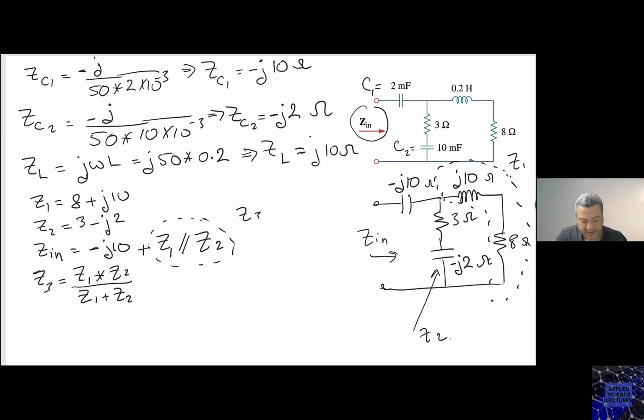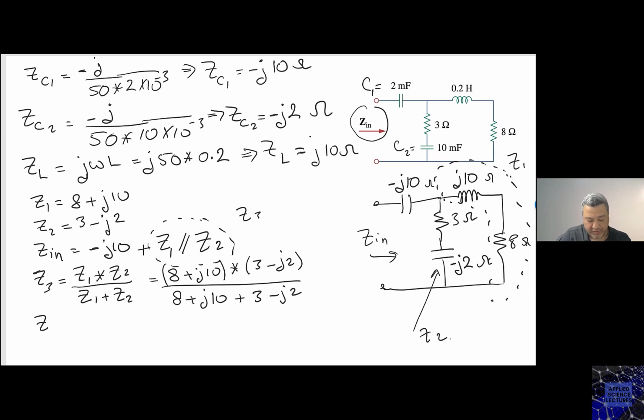So let's do this. 8 plus j10 times 3 minus j2, divided by, see, the rectangular format here is very useful when you're adding two phasors or two complex numbers. So you have here 8 plus j10 plus 3 minus j2.